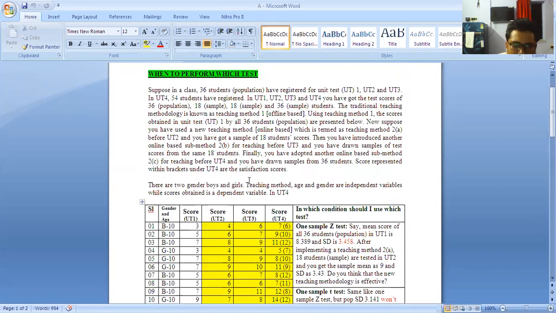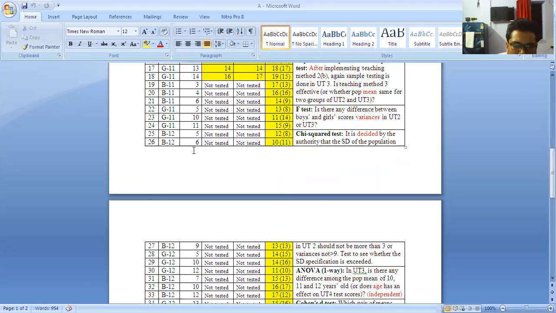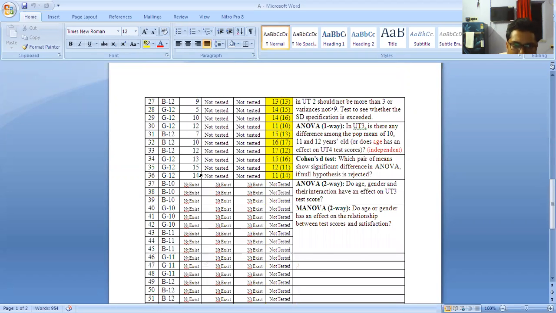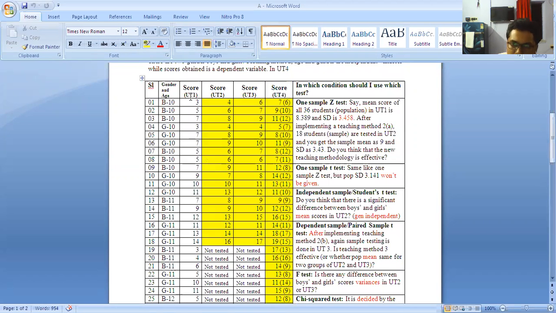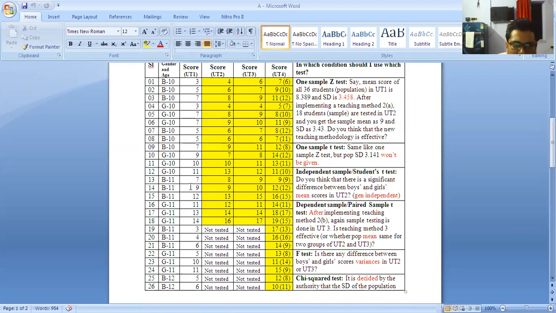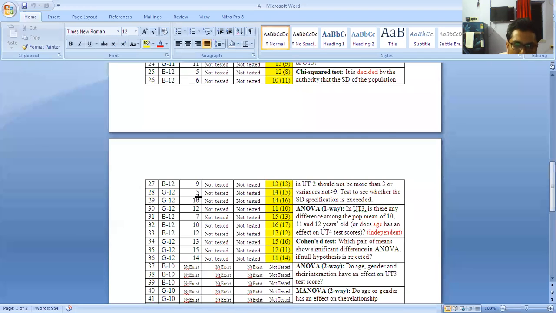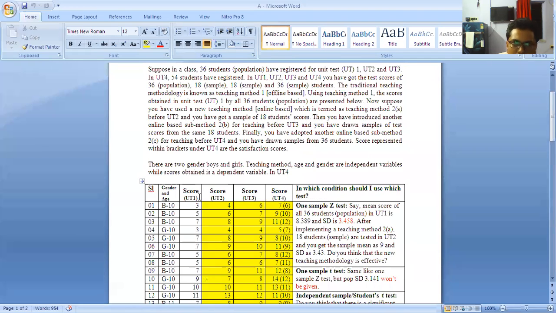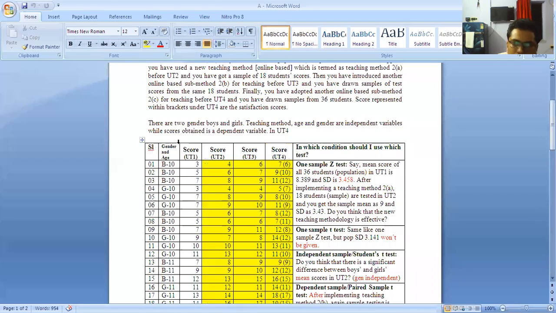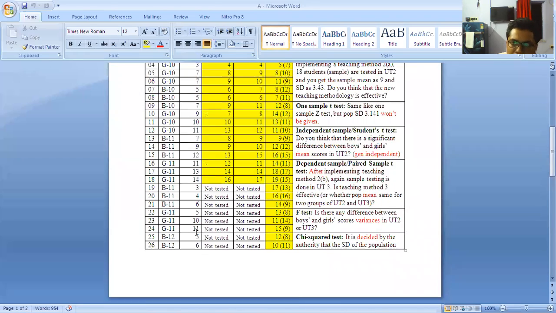In unit test 1, 36 students have registered for the course, and you have got the scores for all 36 students. That means for the entire population.